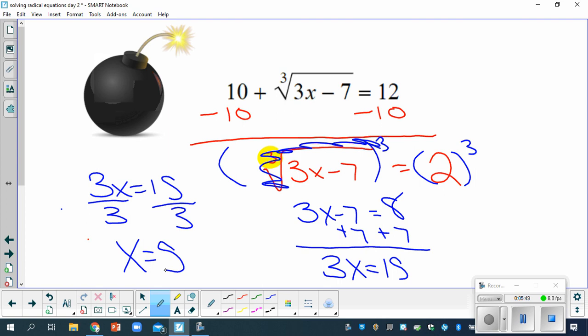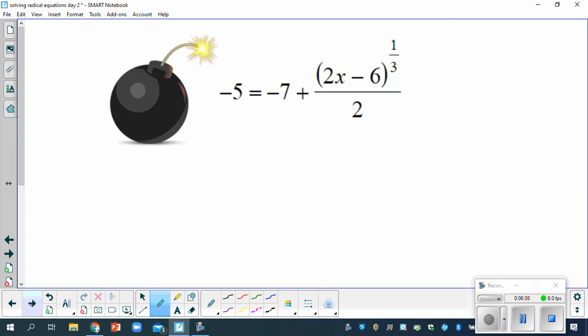I want you with your partners to try the next ones by yourself. Take a look at it. Don't let the 1/3 fool you. Remember, I told you that's just people trying to trick you into thinking it's not a radical, but it is. So take a look at this one. Let's talk real quick. This is a number hanging outside like a little kid. Weird, but get rid of it.